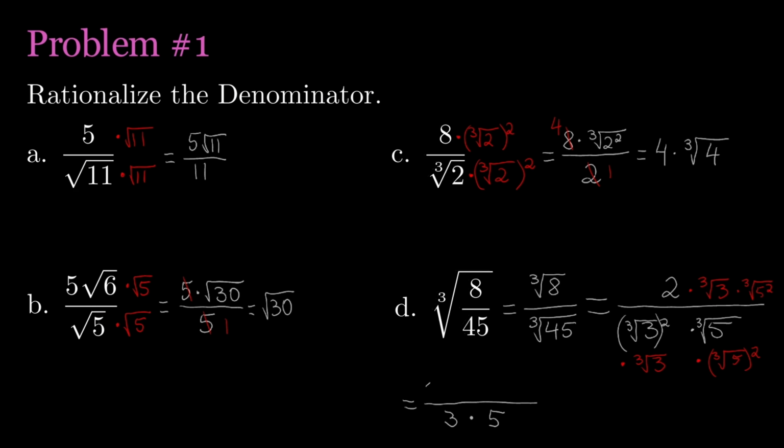Now on top we still have the 2, and then the cube root of 3 can be multiplied by the cube root of 5 squared, which is 25, to get the cube root of 75. Now 75 doesn't have any perfect cube factors, and there is no other possibility to simplify between the numerator and denominator, so we just rewrite the final answer in that form.